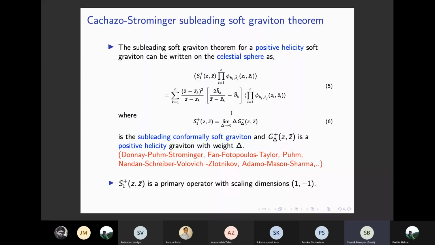What you get is that if you do an expansion around omega equal to zero, you get poles in omega, and those actually get translated into these poles in delta. I see.